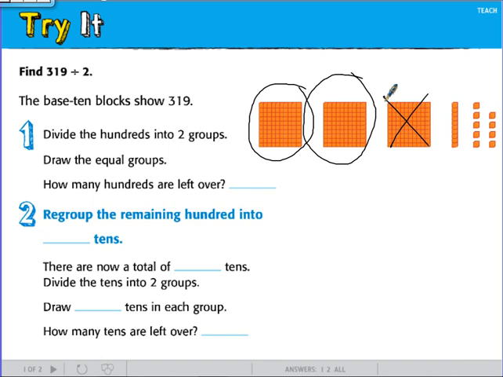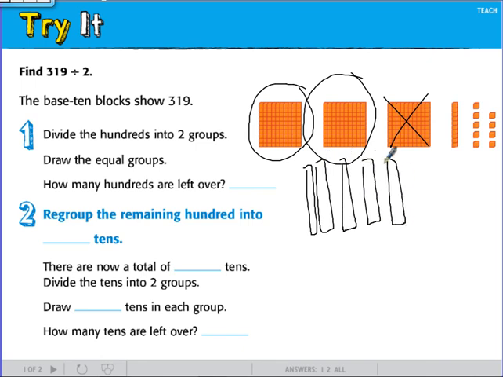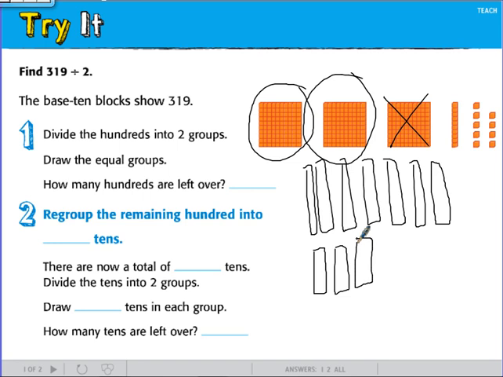Which means I'm just going to draw a rectangle. 1, 2, 3, 4, 5, 6, 7, 8, 9, 10. Now, how many tens do I have total? 10. No, I have 10 here, and then I have this one over here, right? So there's 11. Now I have to separate this into 2 groups.